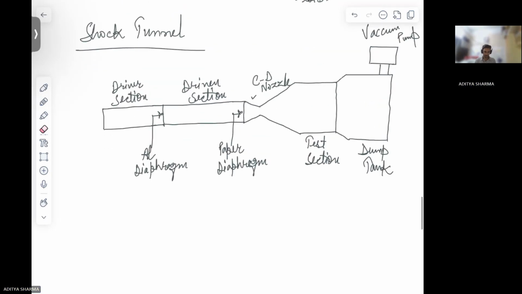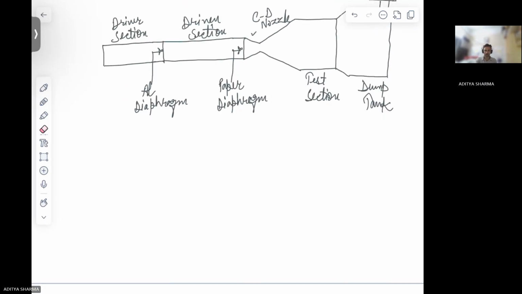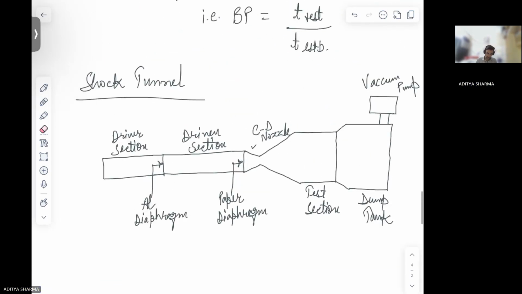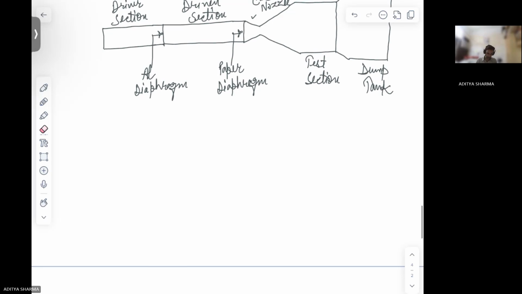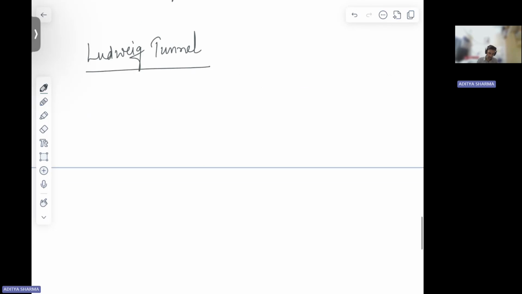I hope this is clear. Then there is the Ludwig tunnel. So let's draw the schematic of it.